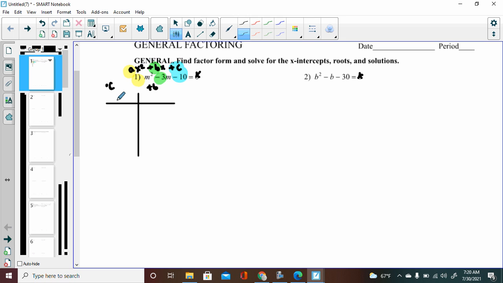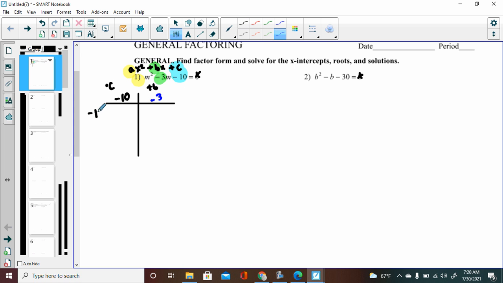So C is -10. That means I'm always going to start with a negative number. So if I start with -1, what number times -1 equals -10? Do those two numbers add up to what B is? B is -3.